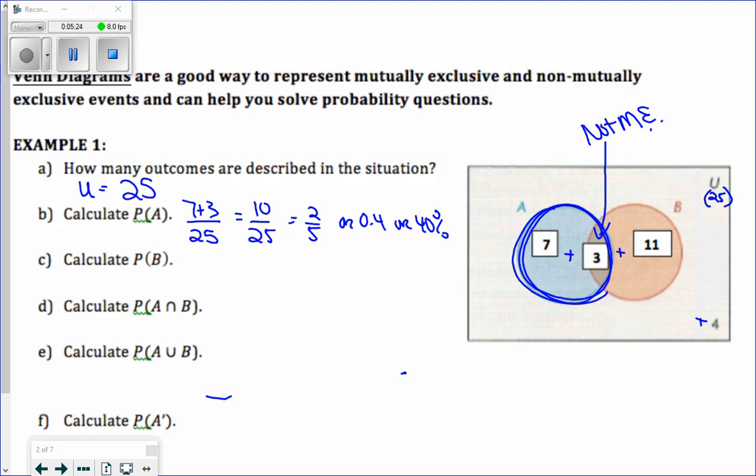Whatever this scenario is, that's the answer. So probability of B would be anything in circle B. So 3 plus 11 over the 25. So 14 over 25. And again, if you want to write that as a decimal or as a percent, I don't know this one off the top of my head. It is 56% or 0.56.